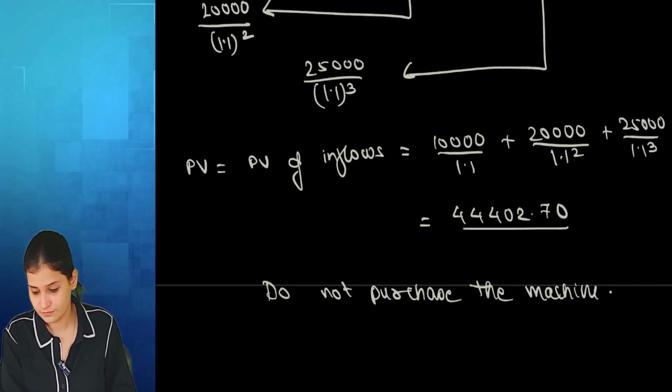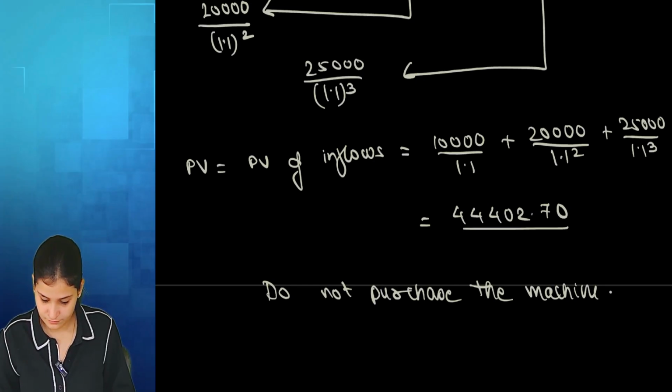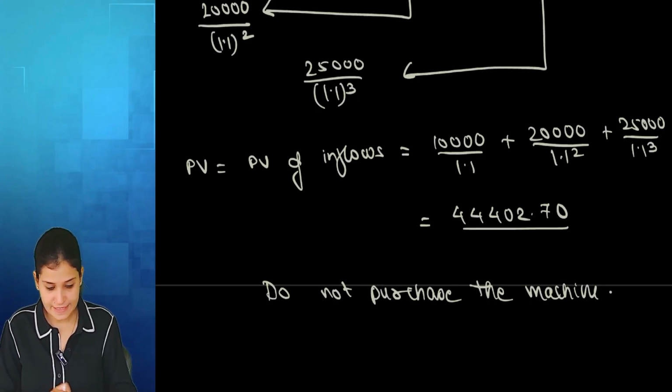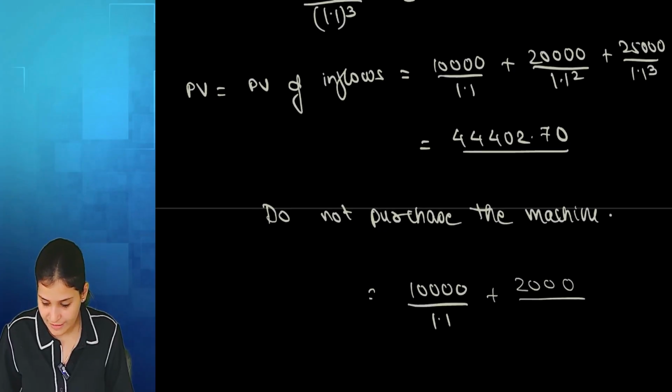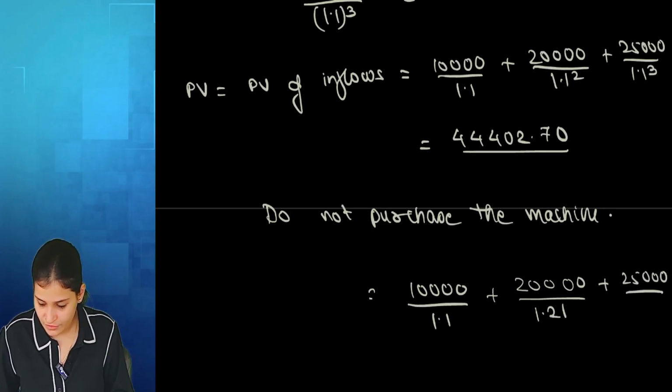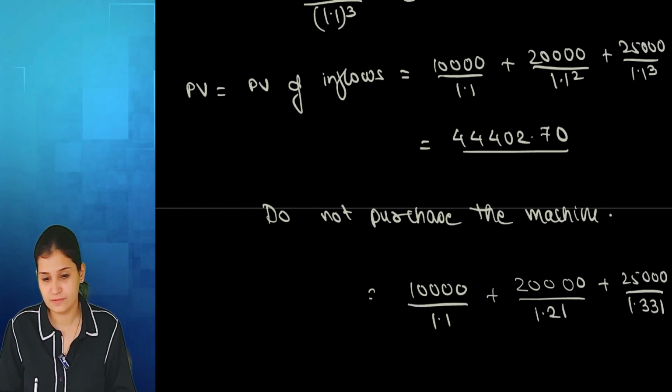Can you do the calculation on the calculator once? In this case, it's easier when you find these values first. 10,000 by 1.1; 1.1 squared you calculate and write here: 1.21. 25,000 by 1.331.